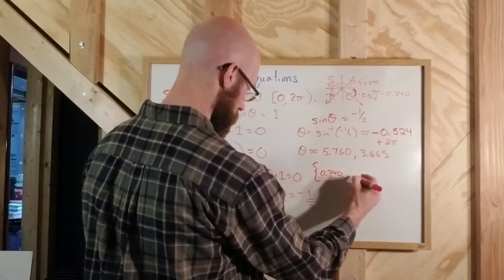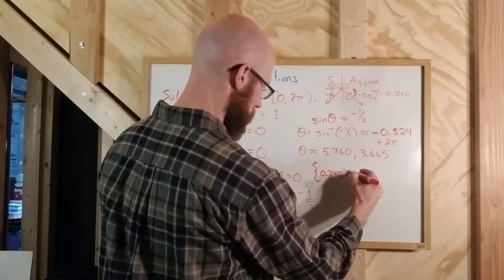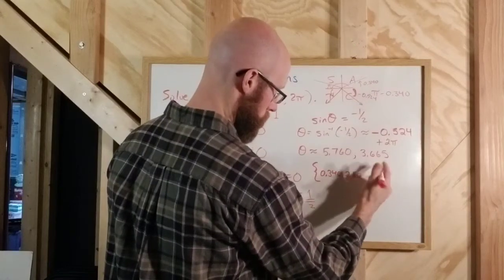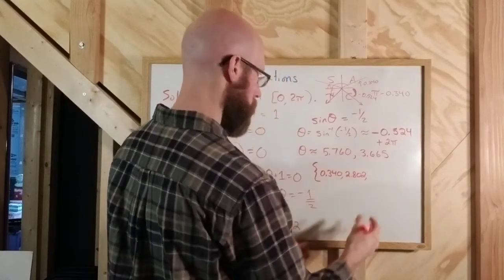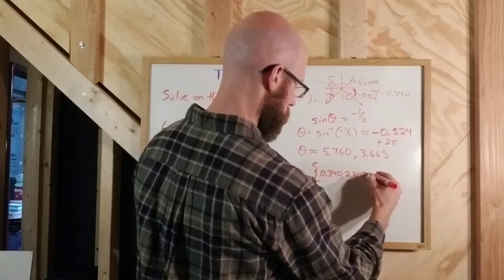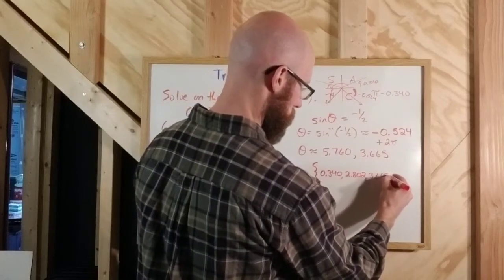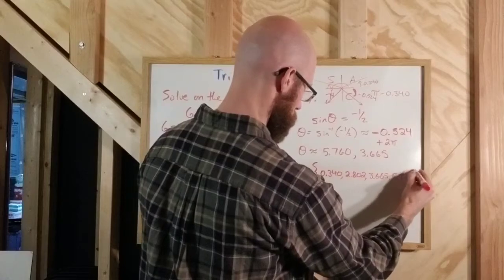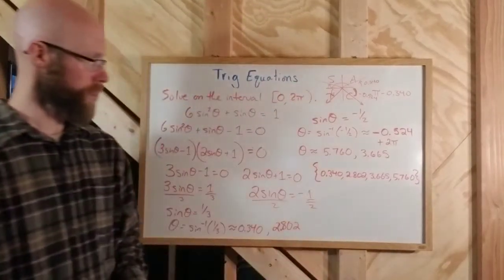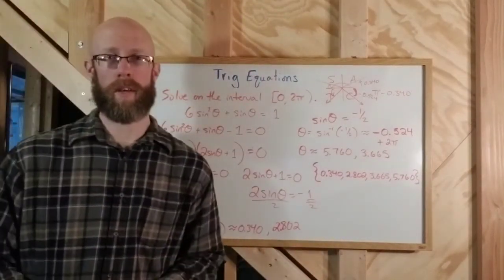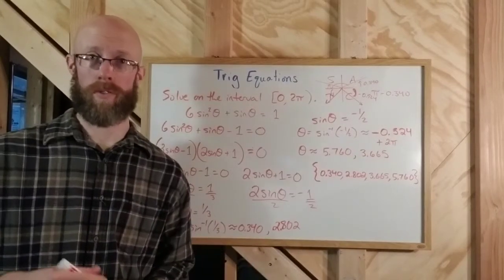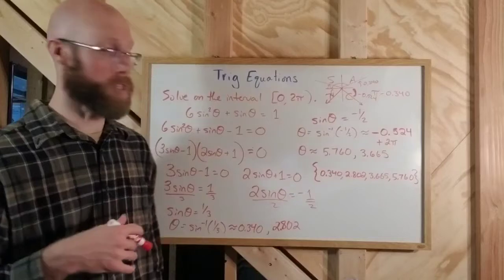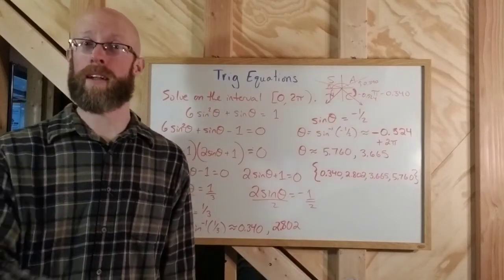0.340, 2.802, 3.665, and 5.760. Now I'm guessing most of the time, if you were doing this on MyMathLab, they would probably have had you do this in degree mode rather than radian mode.